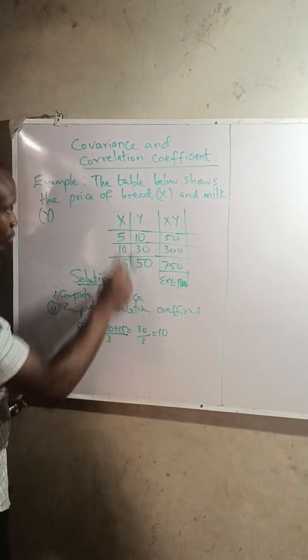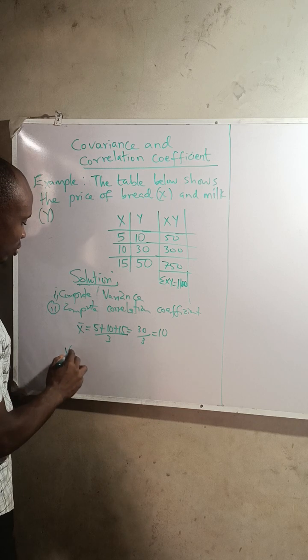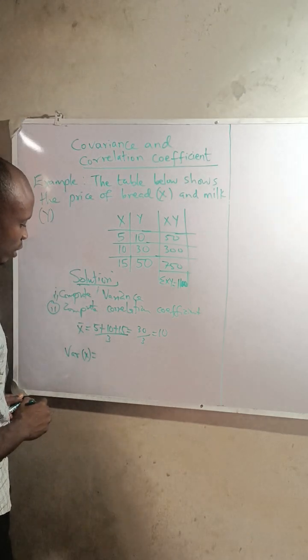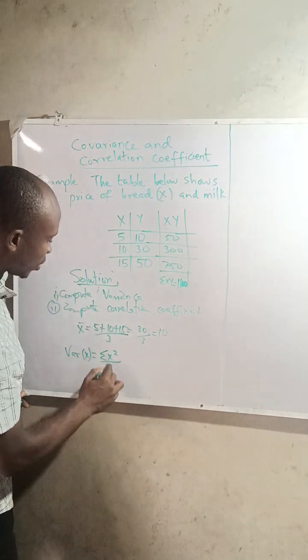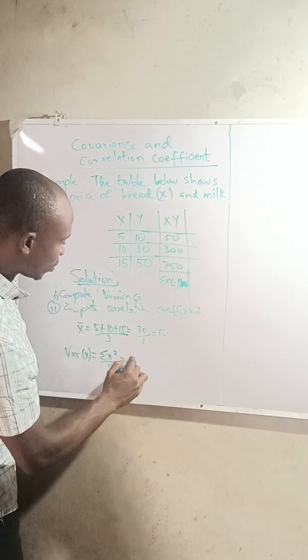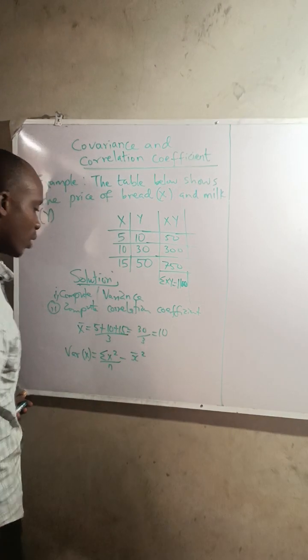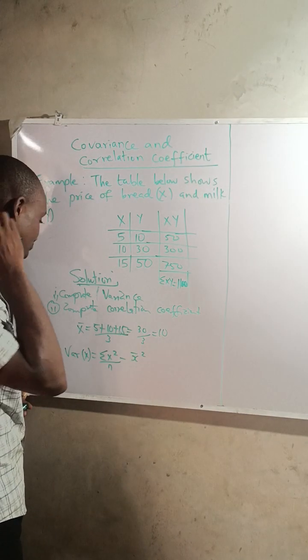Similarly, we're going to calculate the variance of x, var x. And the simple formula we're going to use is the summation of x squared all over n, minus x bar squared. Now, x bar is actually the mean of x, which is 10 in this case.